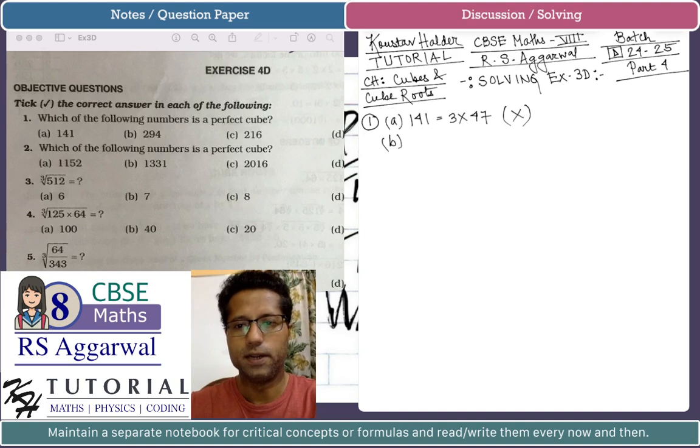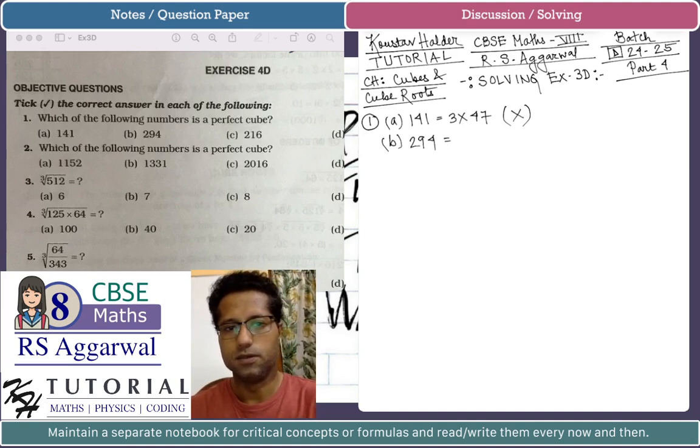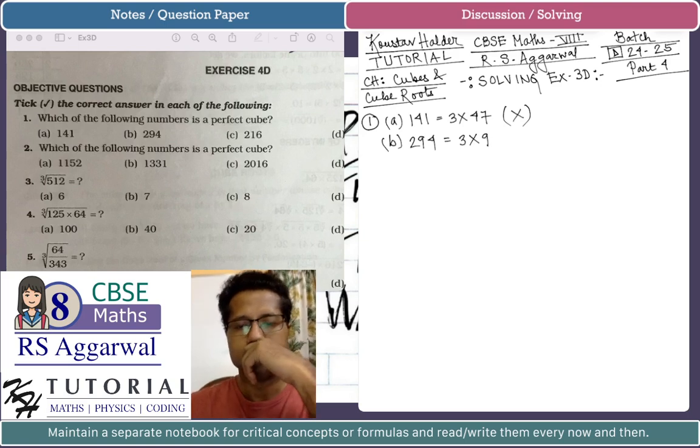Choice B is 294. Let's do its prime factorization. 3 multiplied by 98.